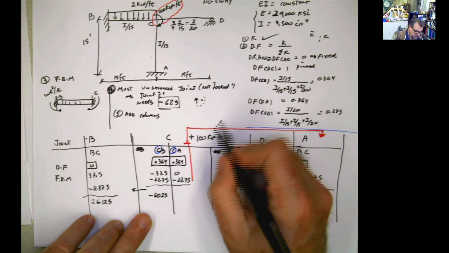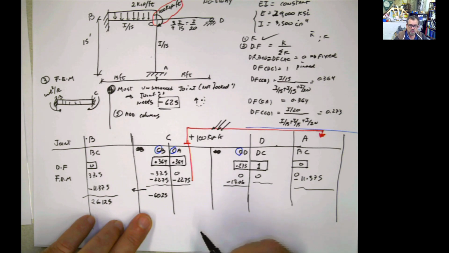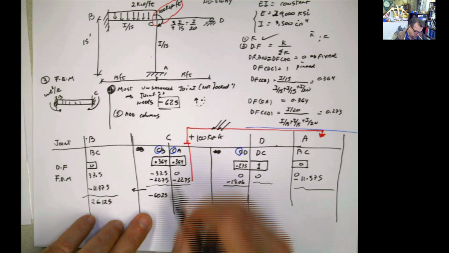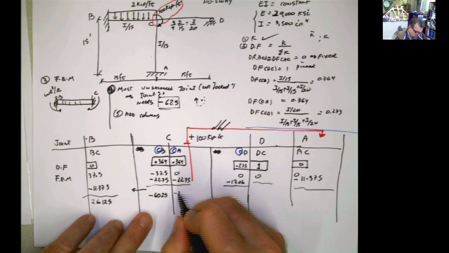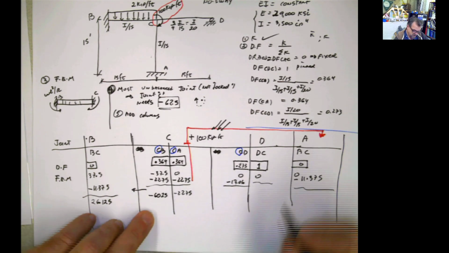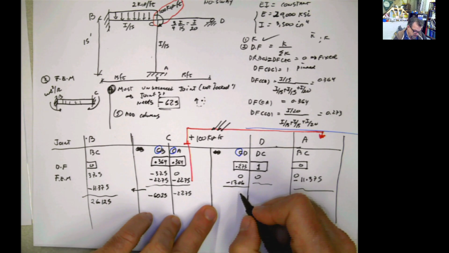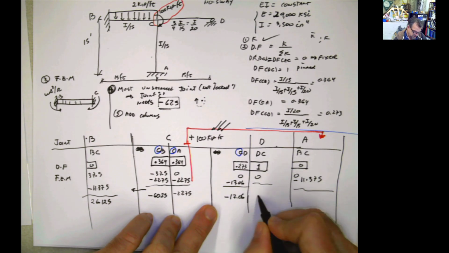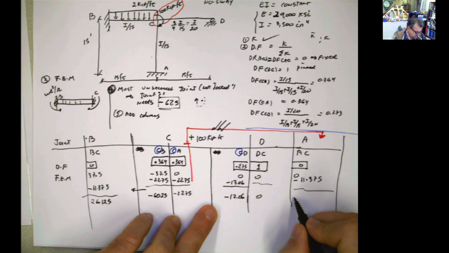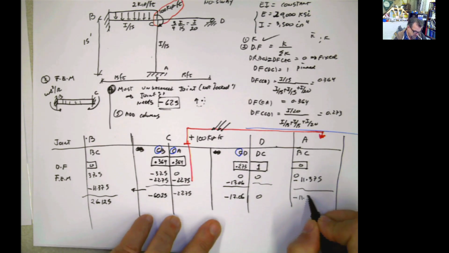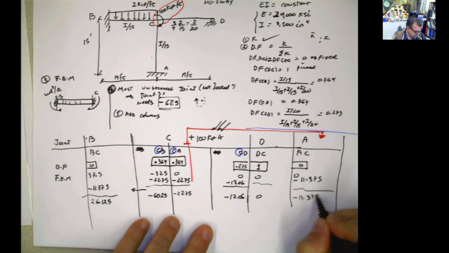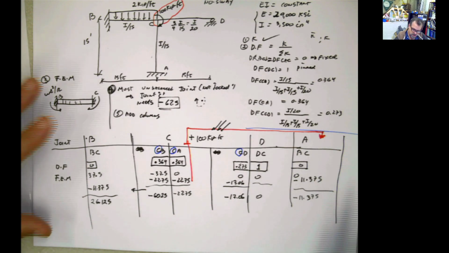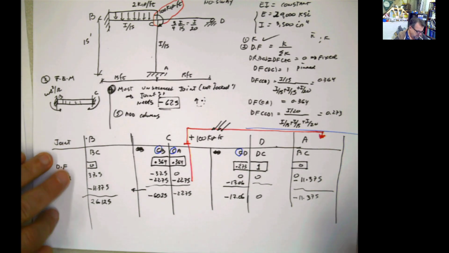Notice that I don't take this into account anymore, and I don't take that into account anymore because I already distributed and balanced it through the joints. This is negative 22.75. This one here is negative 17.06. This is 0 because it's the pin, and this is negative 11.375 over there. There can be small errors due to approximations, but that's about it.